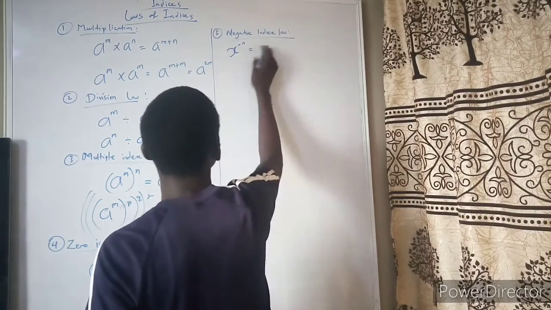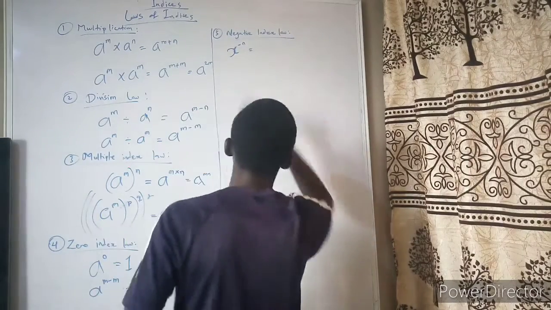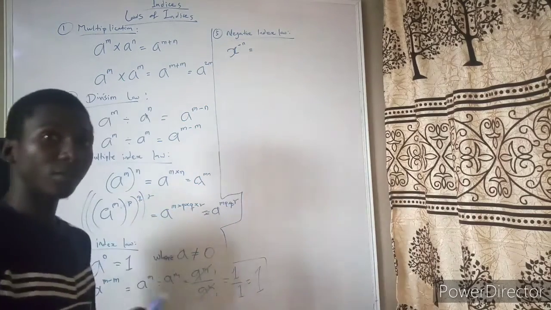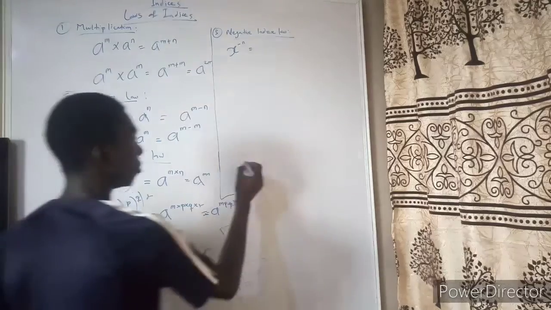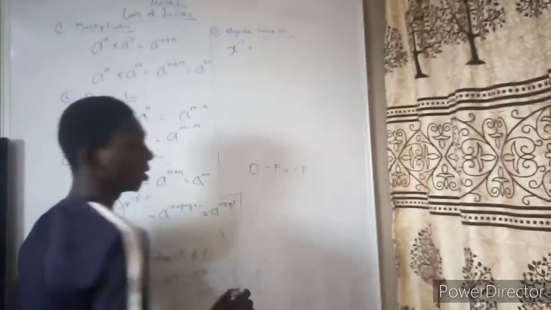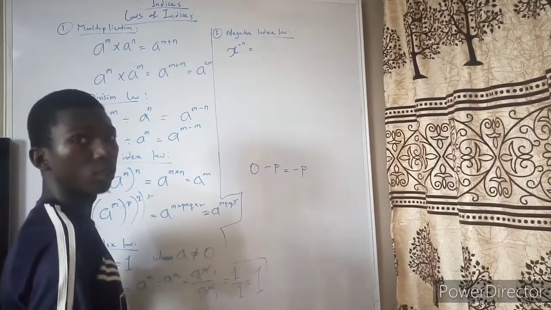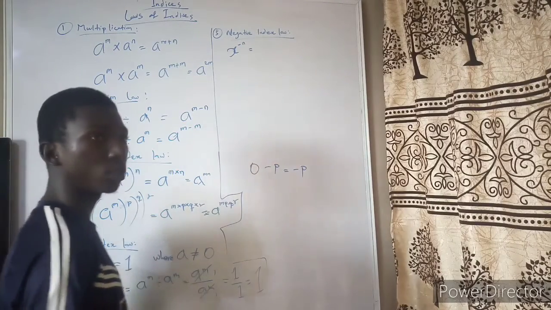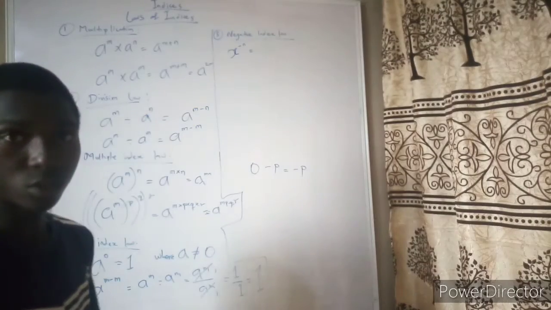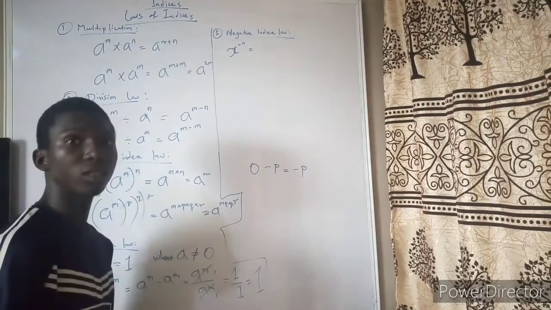let me prove it. Now, 0 minus anything makes up the negative of that same number. That is, 0 minus Peter is equal to minus Peter. So 0 minus a positive integer will always give us minus that same positive integer.